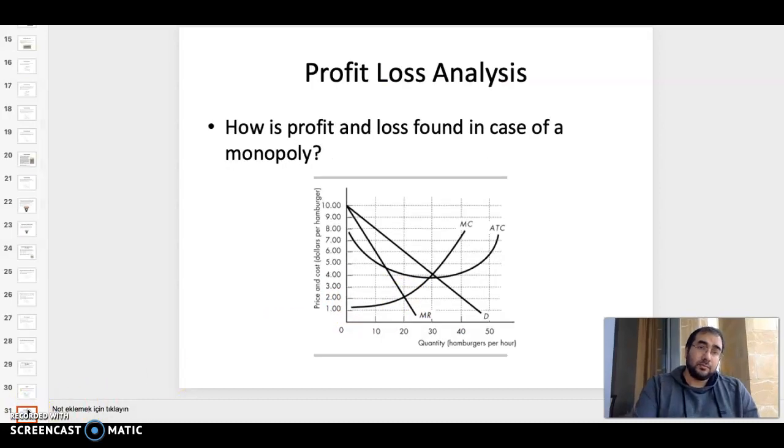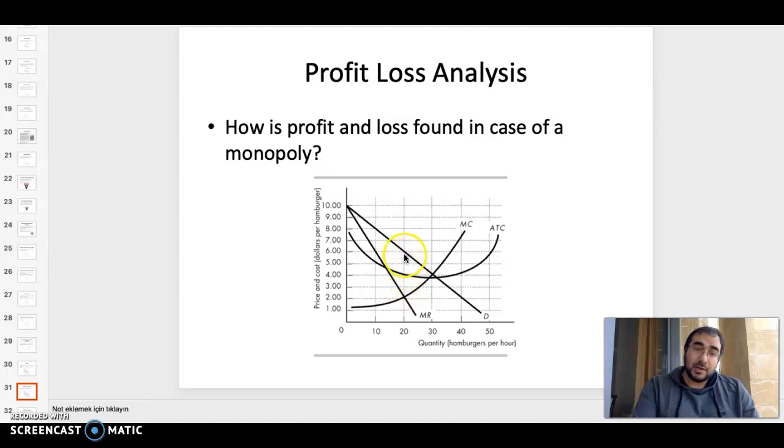So, profit and loss analysis. How do we find profit and loss? After finding the profit maximizing point, again we will do exactly the same.